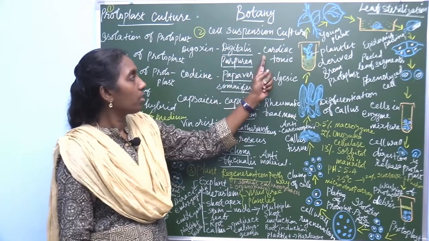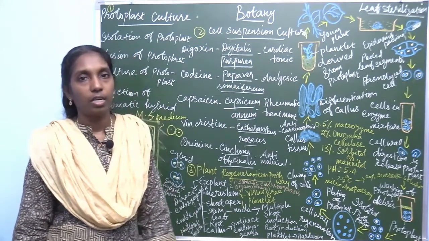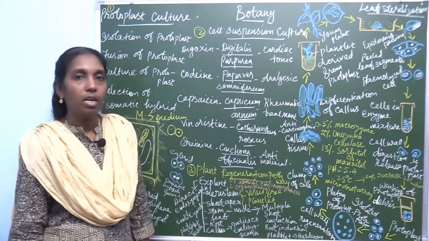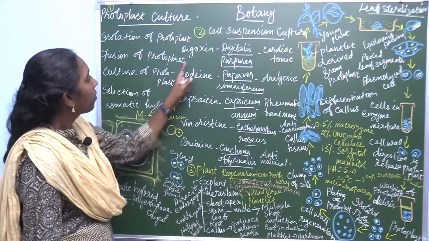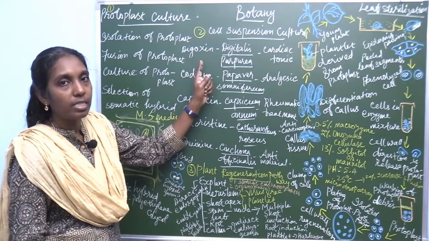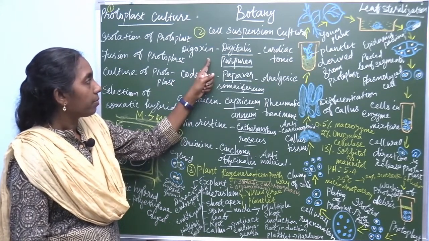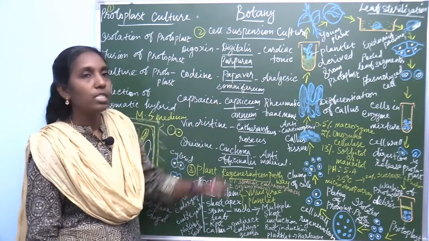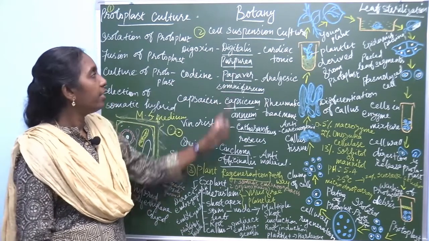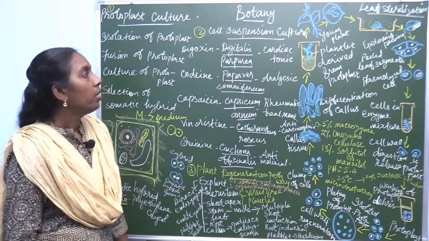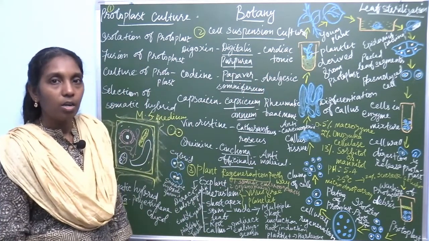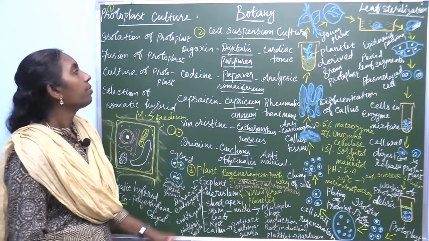It is used as a cardiac tonic, to treat heart disorders. So the product or secondary metabolite is digoxin, the plant source is Digitalis purpurea, and the use is cardiac tonic.